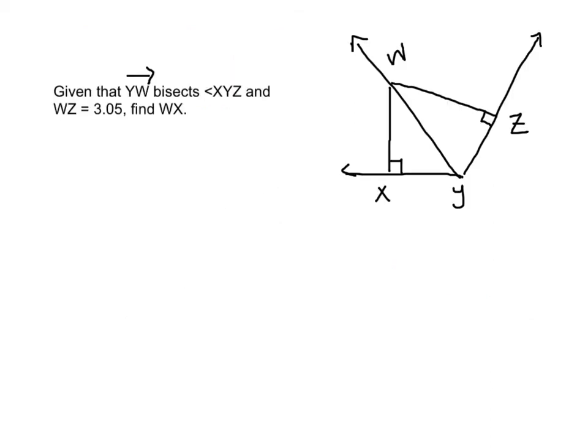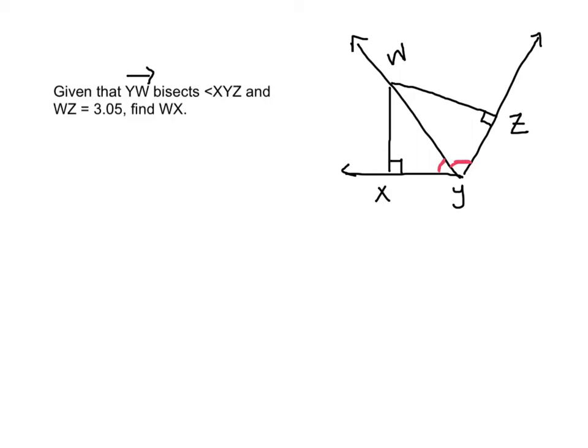Our first problem gives us the following diagram and tells us that YW bisects the angle XYZ and the length of WZ is equal to 3.05. So we want to find the length of WX. So looking at this, because we're talking about a bisector, we could label our diagram as so.